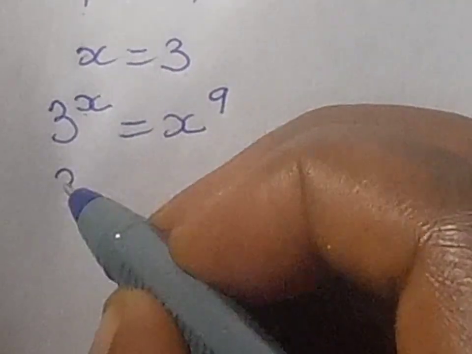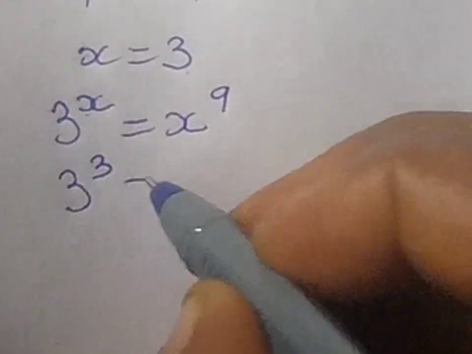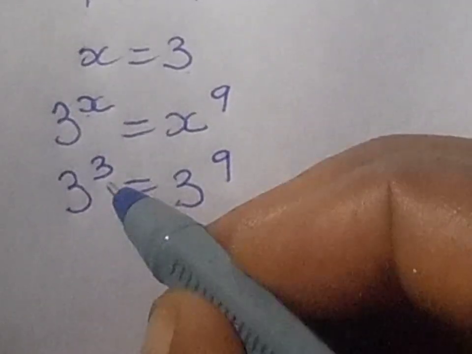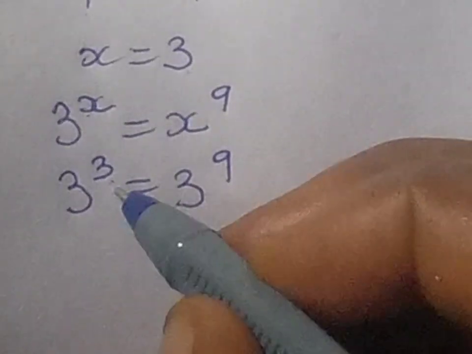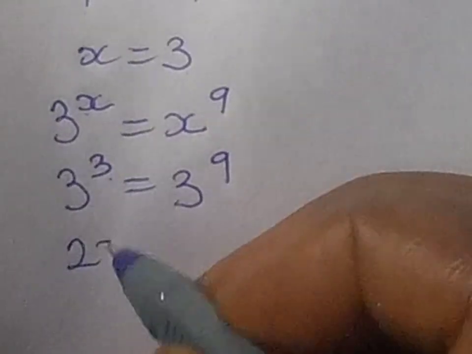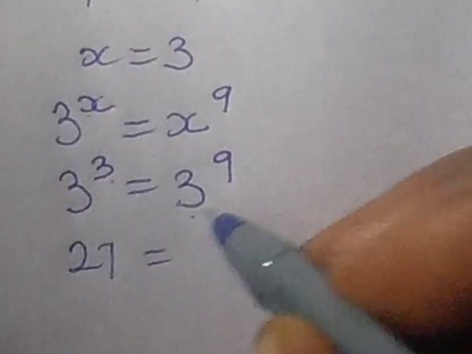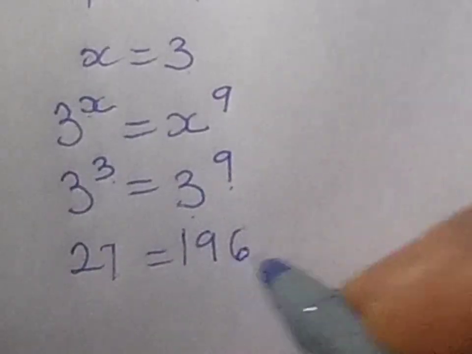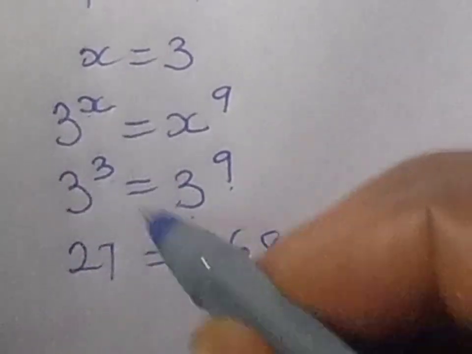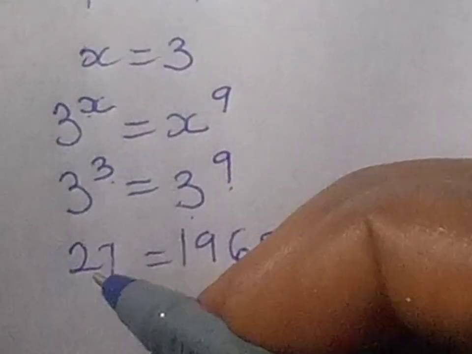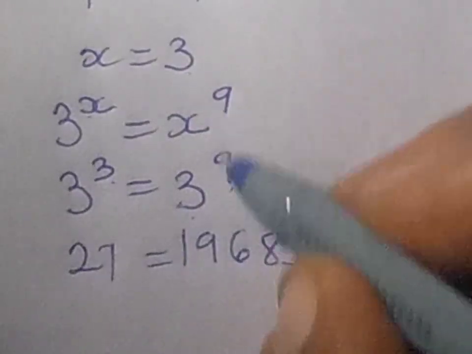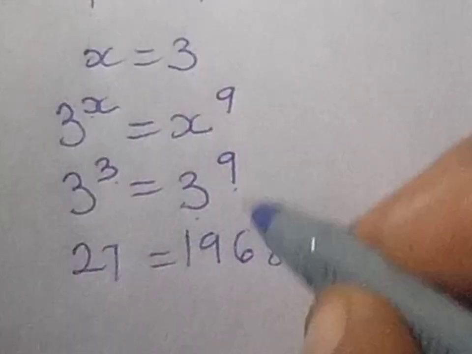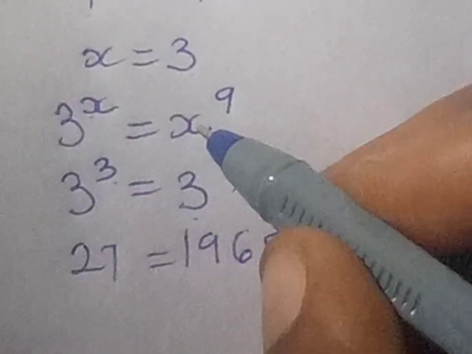So we have it as 3 raised to the power of 3 equals 3 raised to the power of 9. 3 raised to the power of 3, that is 3 times 3 times 3, will give us 27, while 3 raised to the power of 9 will give us 19,683. At the end of the day, our result on the left side is less than our result on the right side. That means x equals 3 as well doesn't work for this equation.